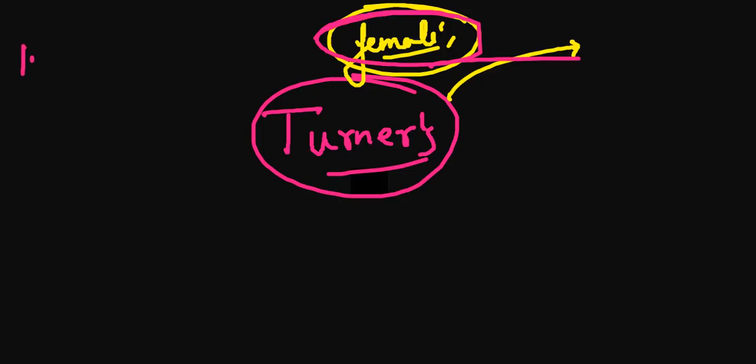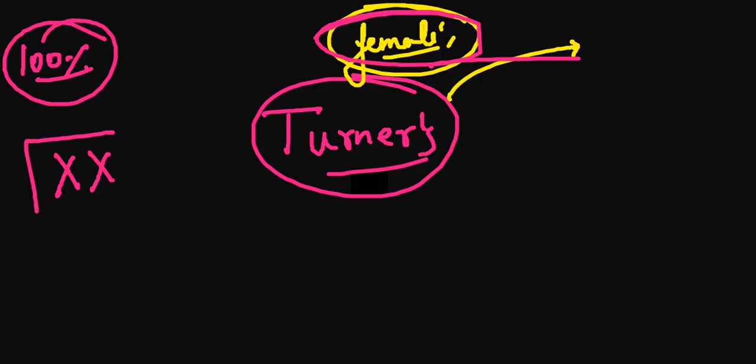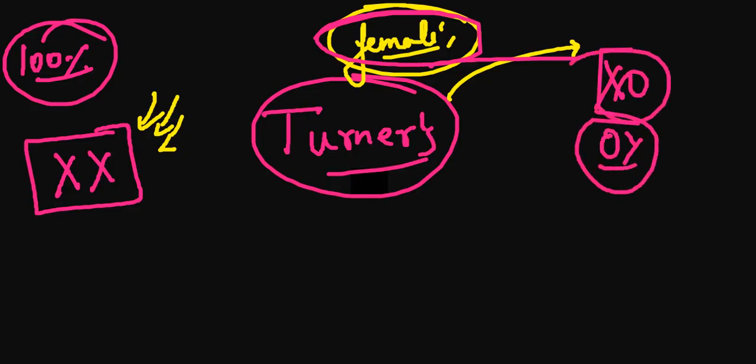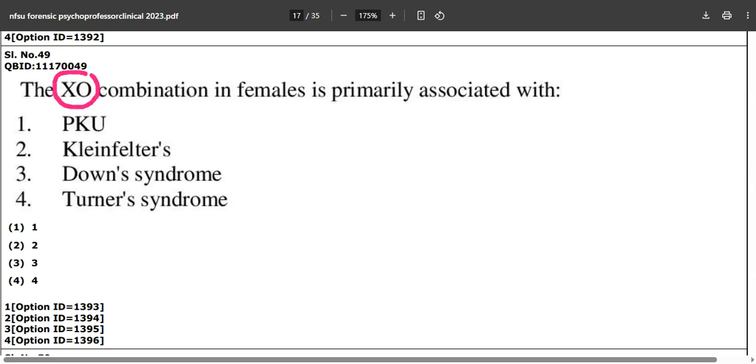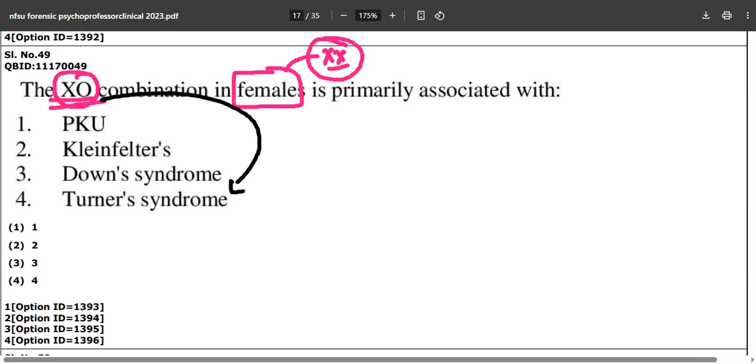In females, 100% of the time you will have the XX chromosomes. You have definitely studied this in science in classes 8, 9, 10, 11, 12. But in Turner syndrome you will have XO or OX, whichever way. There is only one X chromosome, as you can see over here, XO. A female should have XX, but if she has XO, it is called Turner syndrome.